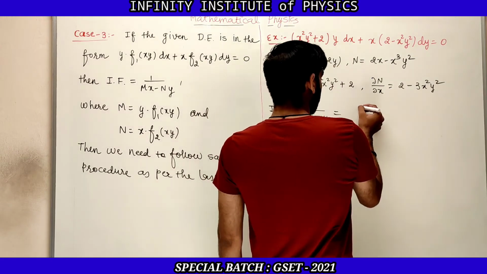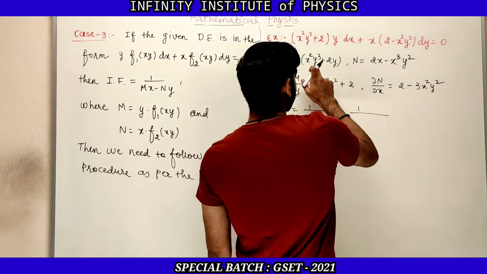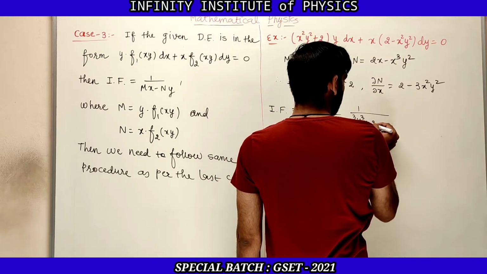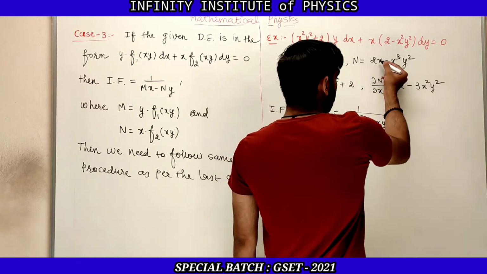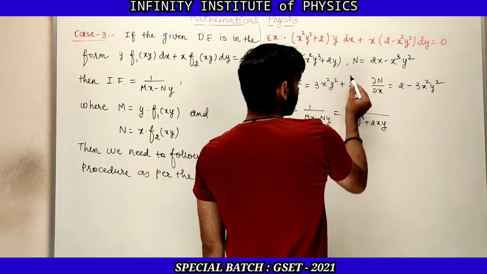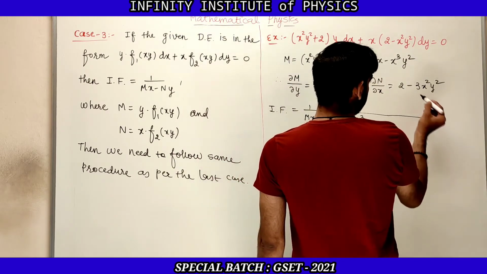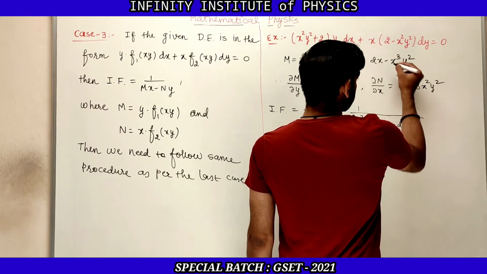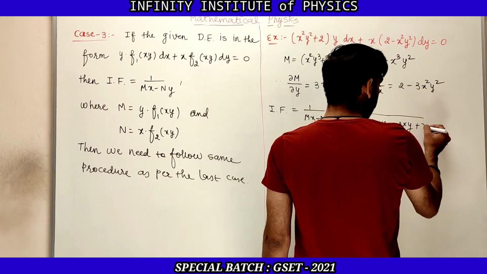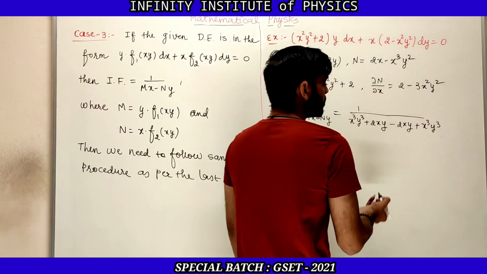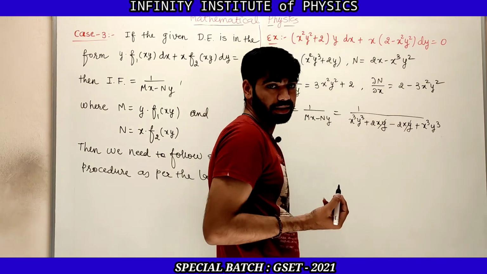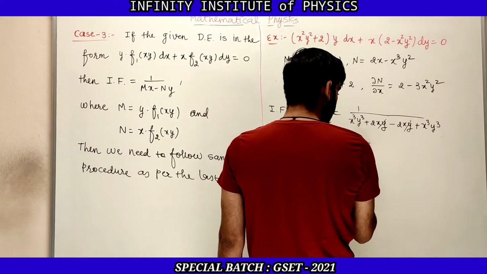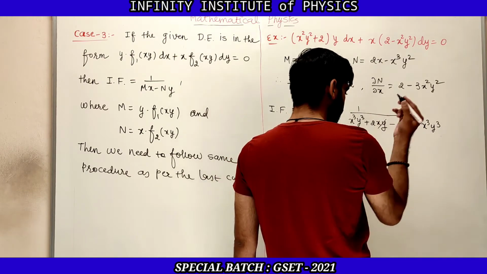For mx, we multiply m by x, so it will be x cube y cube plus 2xy, and we need to subtract ny, so we multiply n by y and subtract it, so it will be minus 2xy plus x cube y cube. So plus 2xy minus 2xy will cancel out, and the remaining terms are x cube y cube plus x cube y cube, so it is 2x cube y cube.